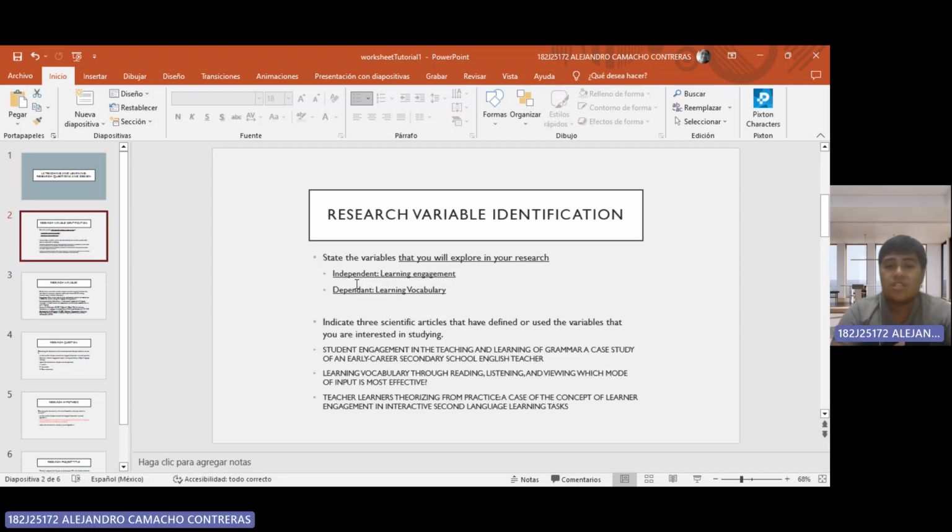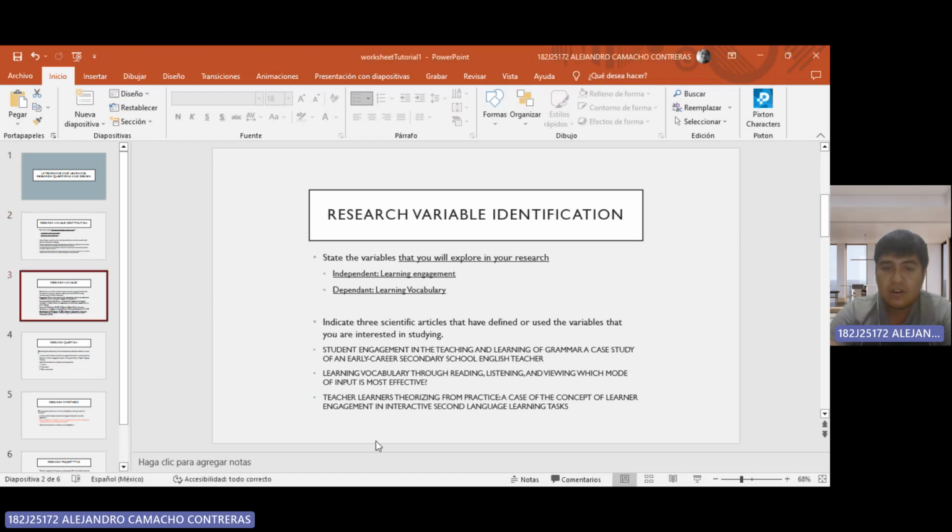For these variables, I had to investigate some scientific articles, as you can see. These articles were taken from different journals such as Teaching and Teacher Learning, Studies in Second Language Acquisition, and Urban Education.